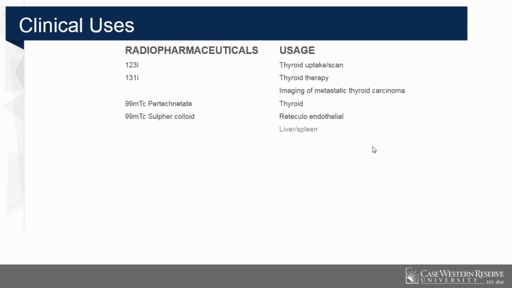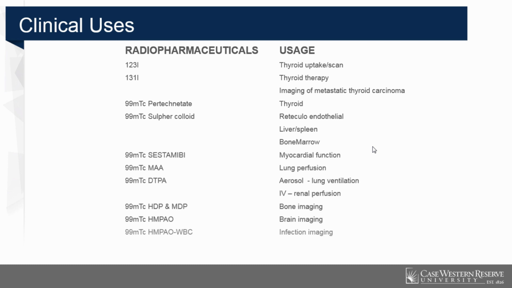Now going through everything, you may ask me, what are we going to do? Well, using a gamma camera, we can do a thyroid scan. Radioiodine, iodine-123, iodine-131, are all natural substrates for the sodium iodide symporter, a transporter we have in our thyroid.